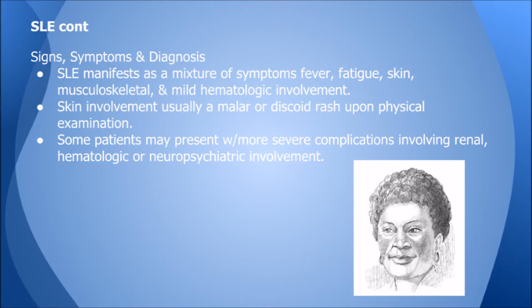With lupus, you can have a mixture of different symptoms, from fatigue to fevers to skin rashes. That's why I put the picture of the lady with the butterfly type rash on her face, musculoskeletal pain, and mild hematologic involvement. Some patients have more severe complications involving their kidneys, or I didn't know this, neuropsychiatric.